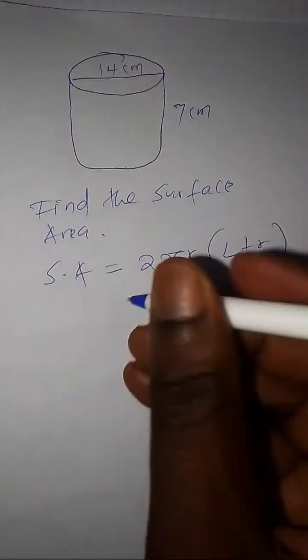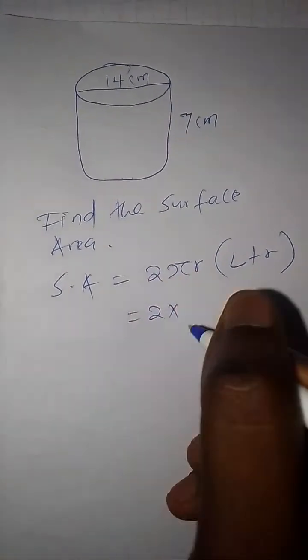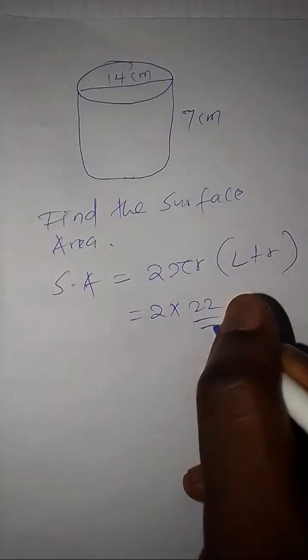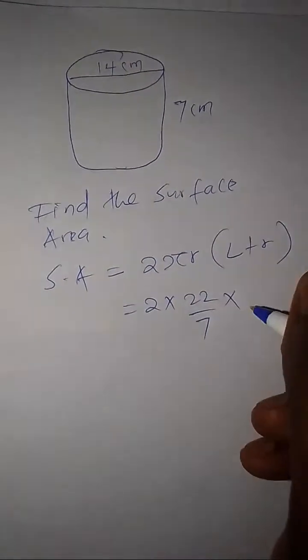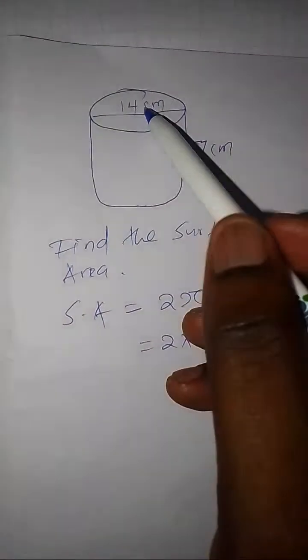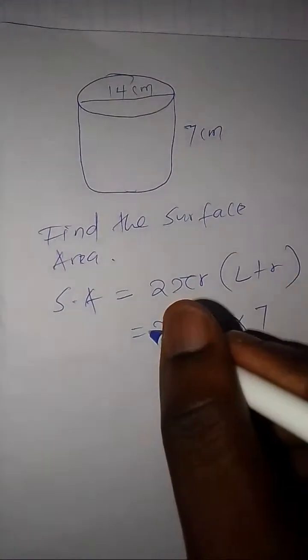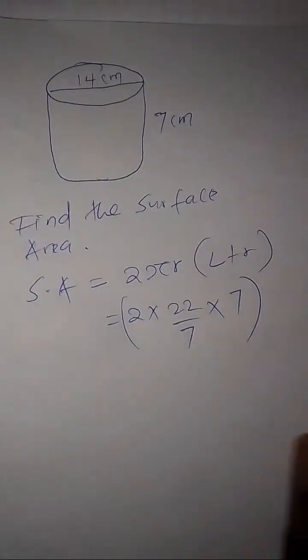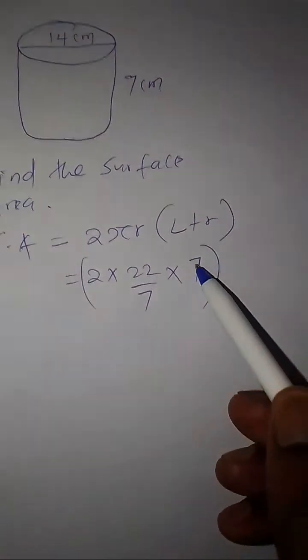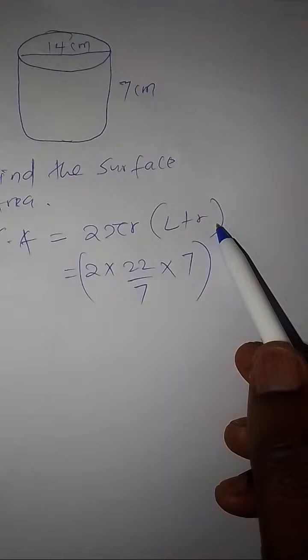Here we shall have 2 multiplied by pi, which is 22 over 7, multiplied by the radius, and the radius here is 7. Then we close the bracket. After closing the bracket, we shall have L plus r.